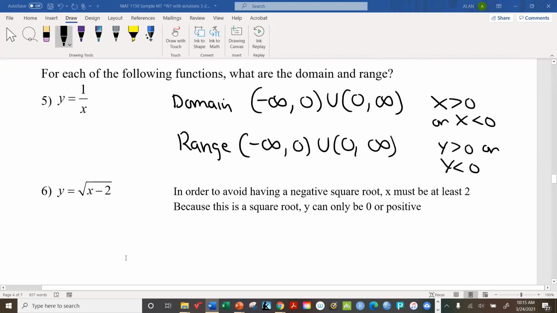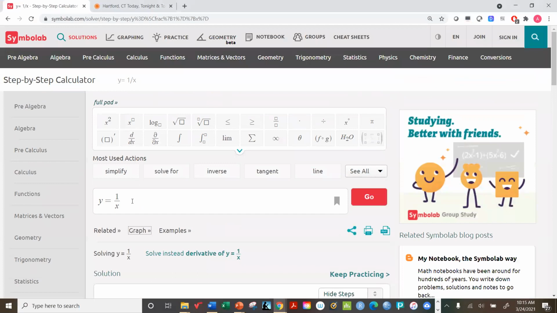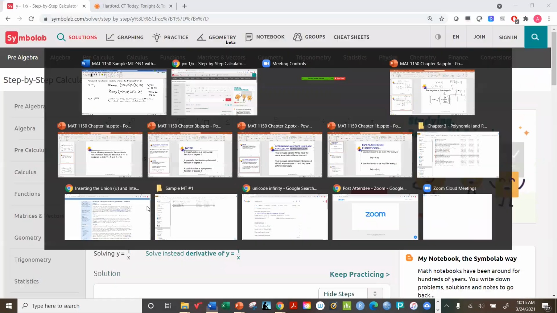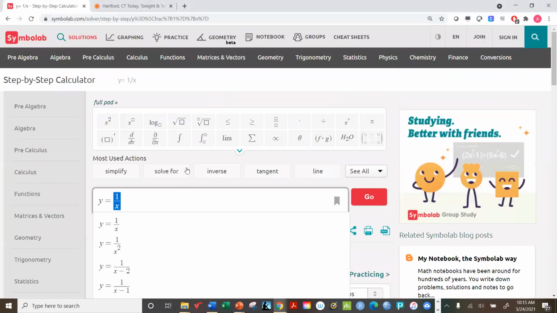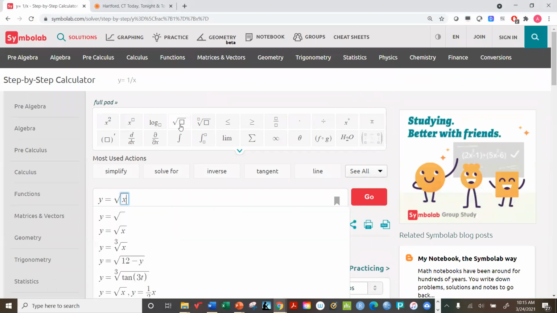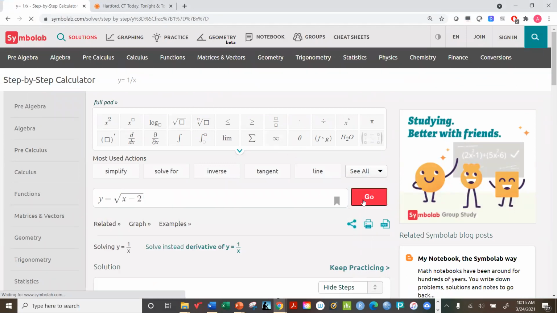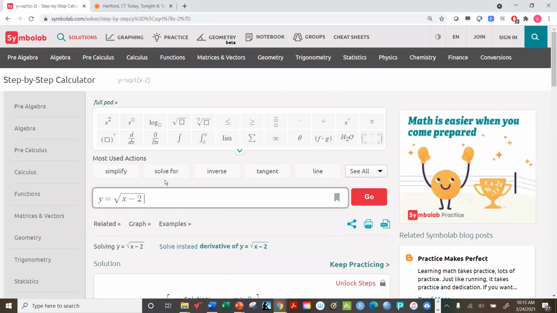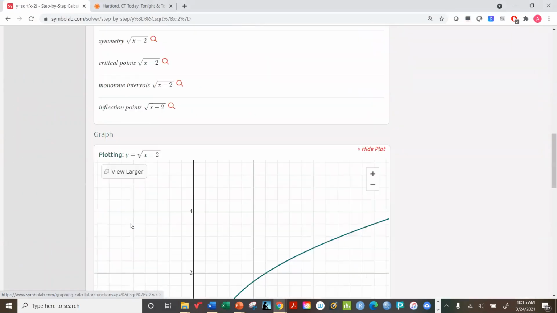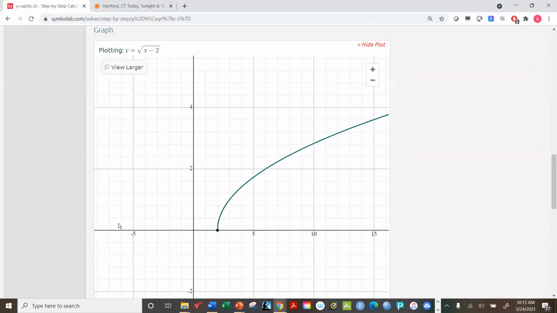So if we go to Symbolab, and just to take a look at it, y equals radical x minus 2. And you can visually see that the x's start at 2. There's no x that comes before 2. And as far as y is concerned, there aren't any negative y's, although it can be 0.